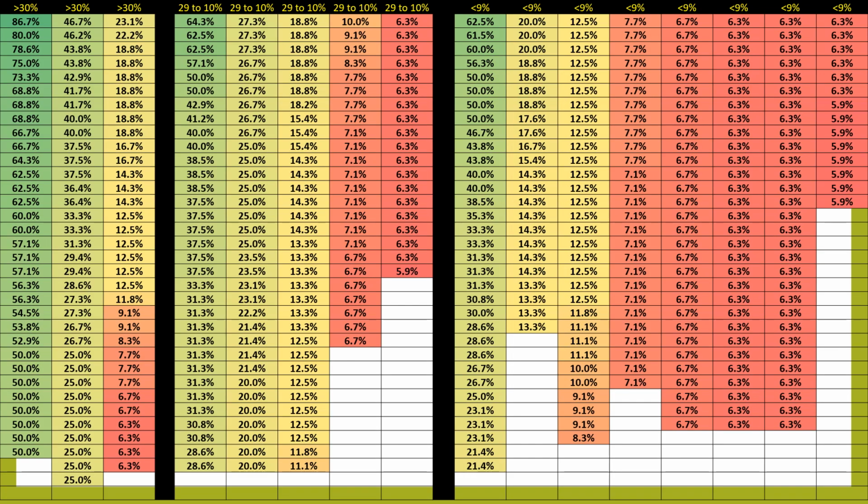Okay, so what this table does is it looks at last year's tight ends in terms of high, mid, and low COM or low consistency, and then how predictive is it for the next year.